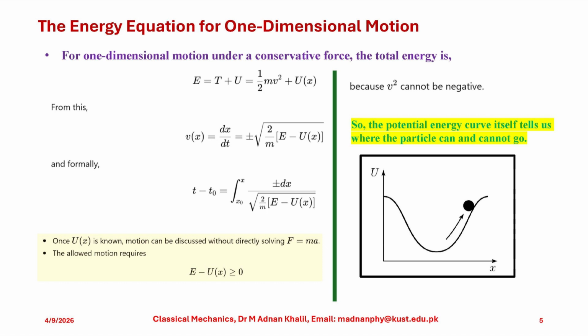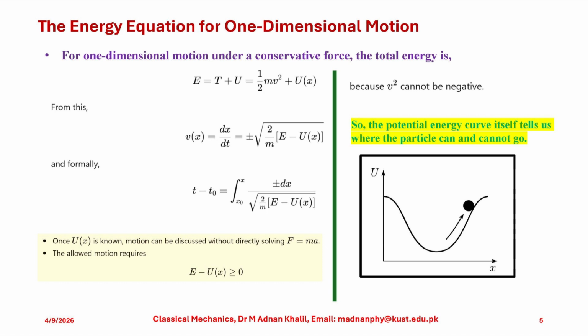From there, one can calculate the speed in terms of position. So, instead of first finding acceleration and then integrating repeatedly, we can often understand the motion directly from the energy. The plus and minus signs represent motion in two possible directions.